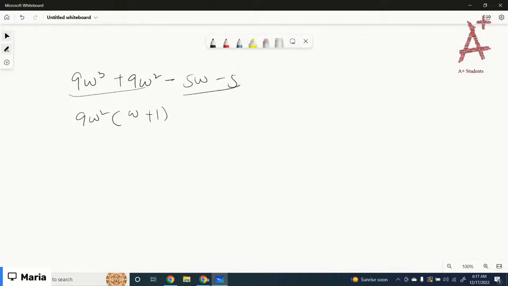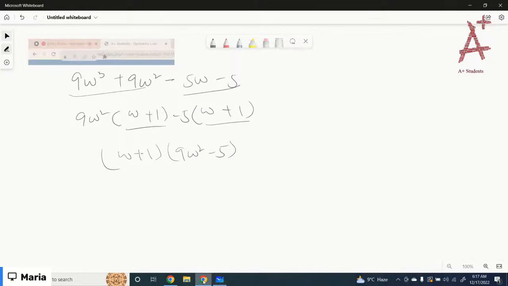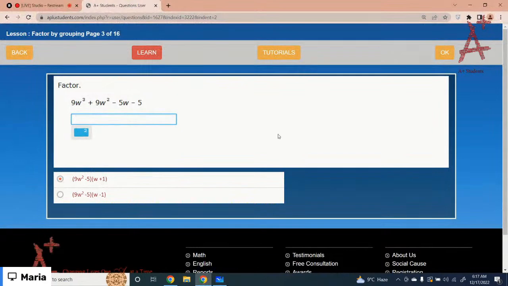So from here you can take common negative 5 and you are left with w plus 1. Got it? So w plus 1 is a common factor and you are left with 9w square minus 5. Got it? So the first option is the correct one, w plus 1 and 9w square minus 5. So select the correct option, then click on the OK button. Got it?